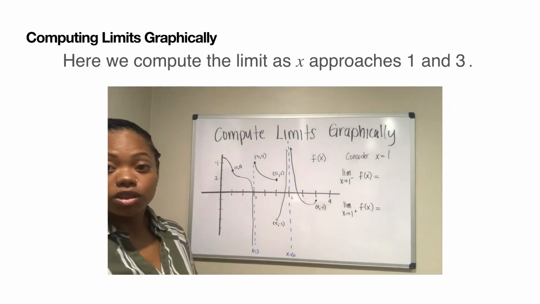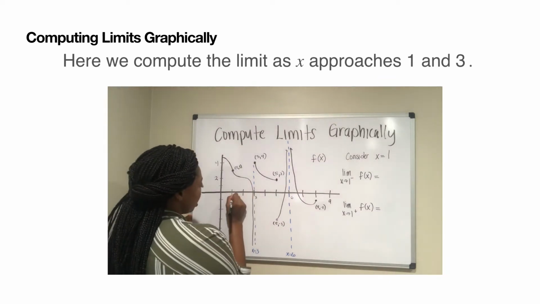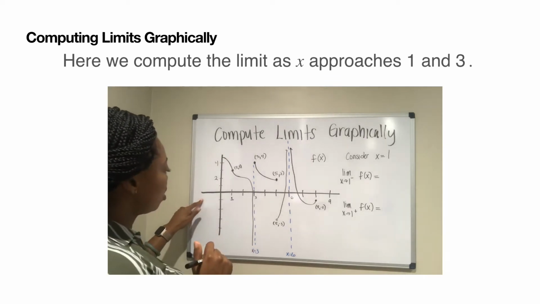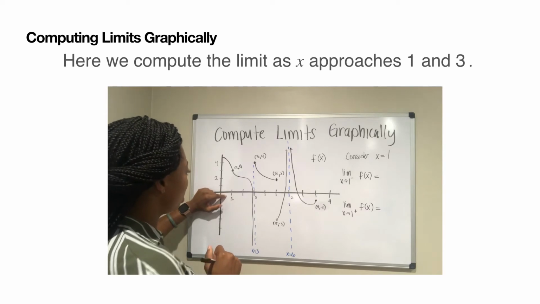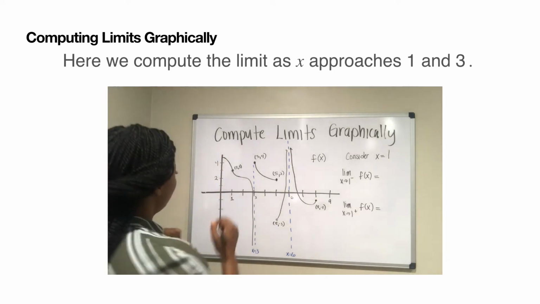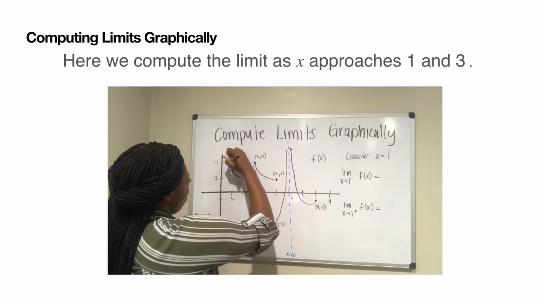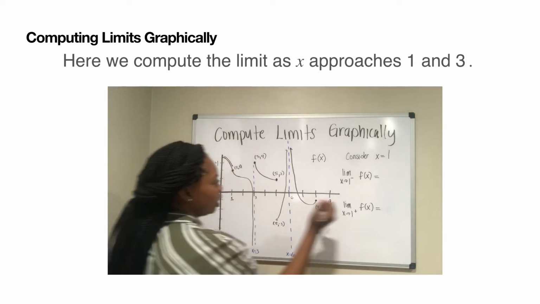Now, as we approach x equals 1 from the left, we're going to find x equals 1 on our x-axis, and we'll look at values that are less than 1. So if I'm approaching from the left, I'm looking at values that are less than 1, and I want to see what are my corresponding y values. So for the graph, as I'm approaching 1 from the left, the y values are getting closer and closer to y is equal to 3.